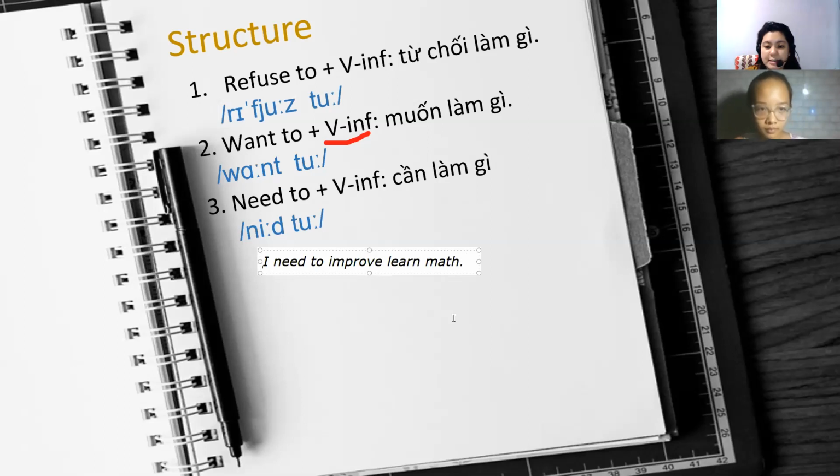Is that your sentence, Olivia? Yes. Okay. The structure need to is correct. But the word improve, is that a verb? Improve is not a verb, it's an adverb.